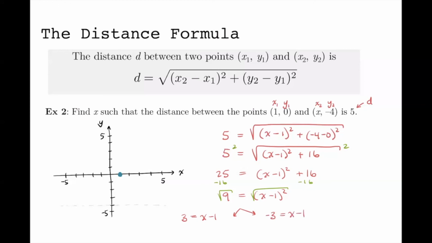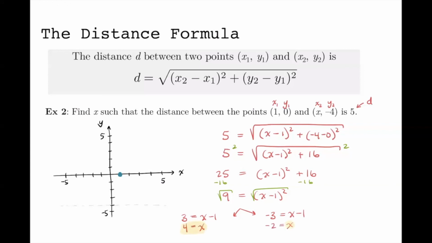Again, when we apply the square root to a number, we will get the positive version and the negative version, because if you square 3, you get 9, and if you square negative 3, you also get 9. So we need to make sure that we consider both possibilities. Now, if we solve this for x, we'll just add 1 to both sides in this equation here, so we'll get 4 equals x. And we'll do that on the other equation as well, so we'll get negative 2 equals x.